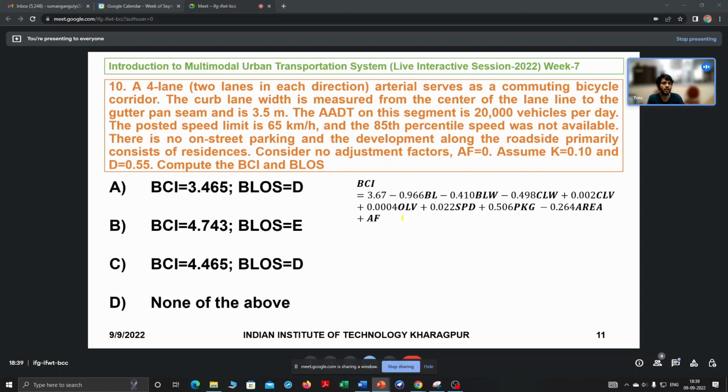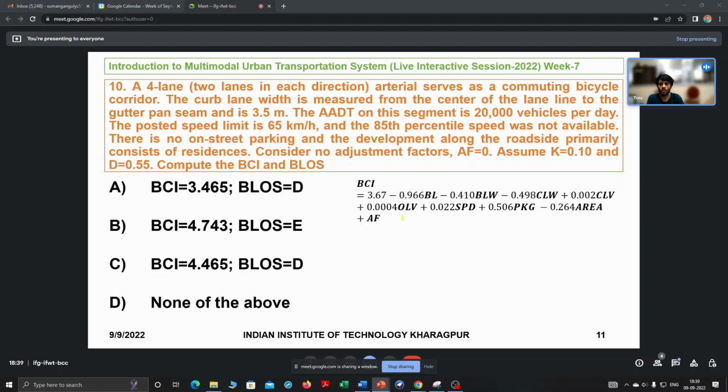So your curb lane width is given. Your ADT on this particular segment is 20,000 vehicles per day. What do you mean by particular segment? Particular segment means one way, not two way. So in this segment it is 20,000 vehicles per day, not in a particular lane.